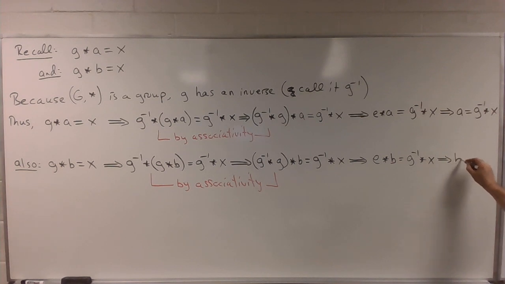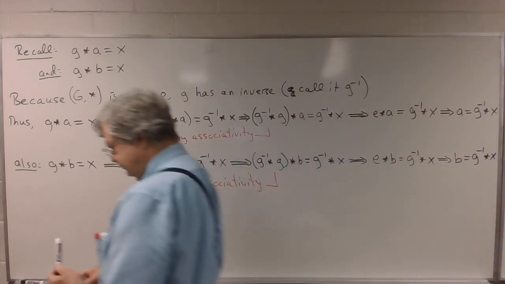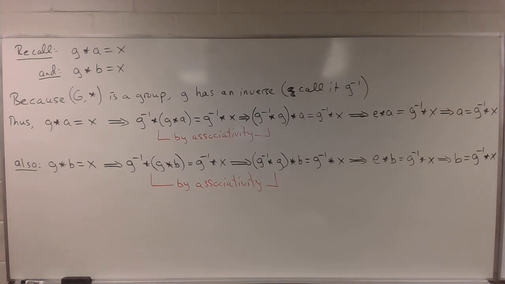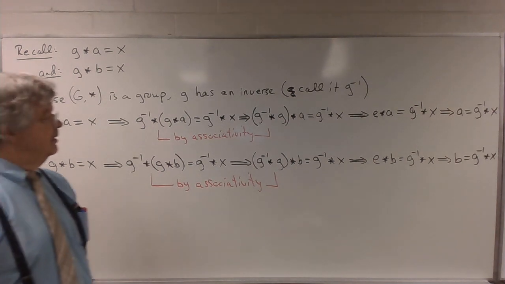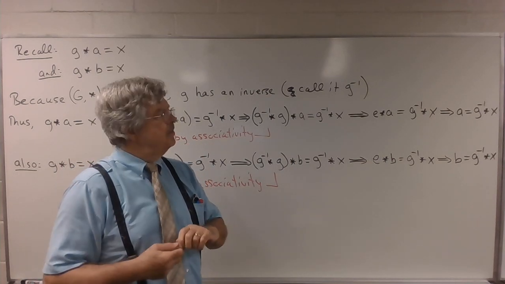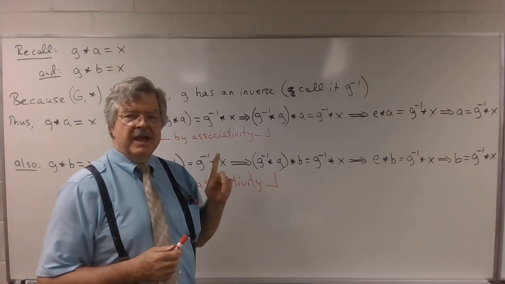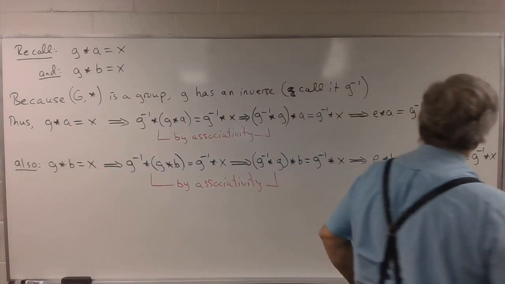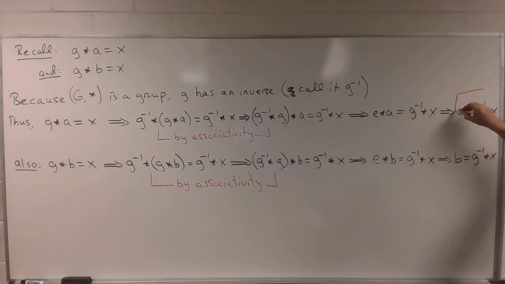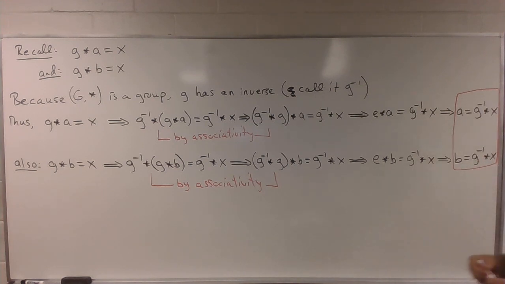So we have B equals G inverse star X. And what we really want to focus in on is the tail end of each line. That's what we want to get. A equals G inverse star X. B equals G inverse star X.